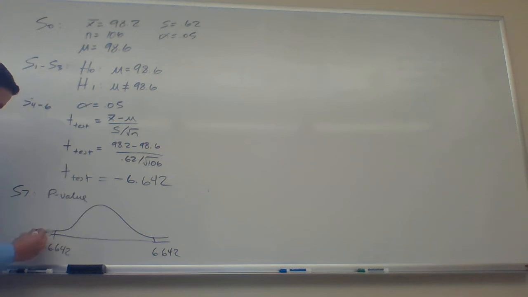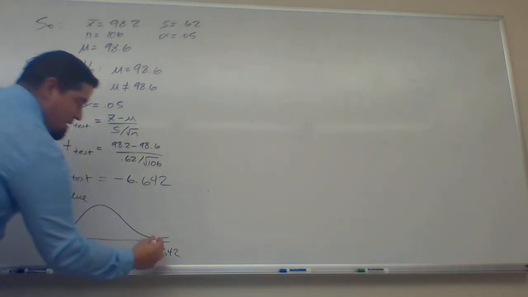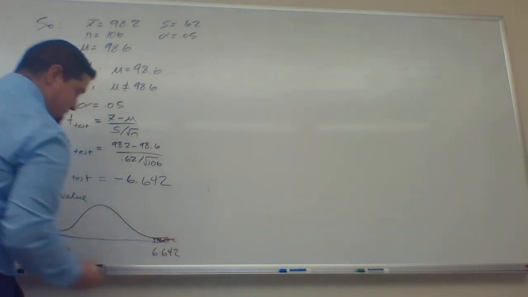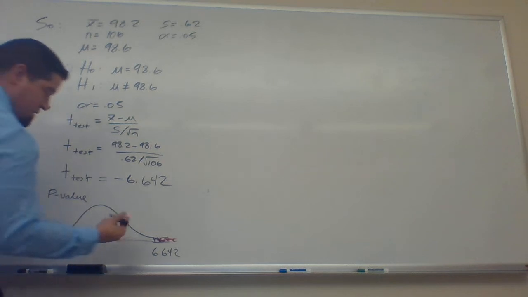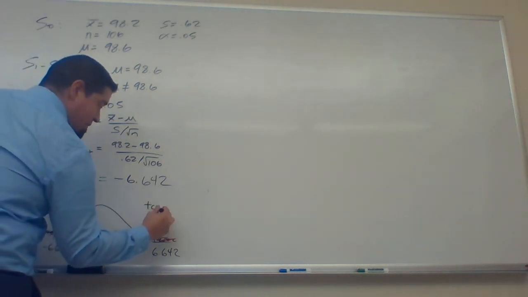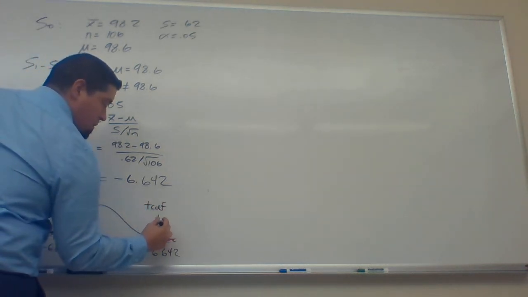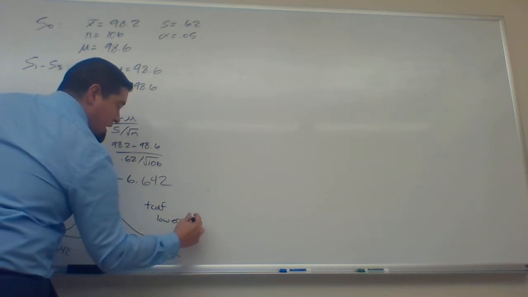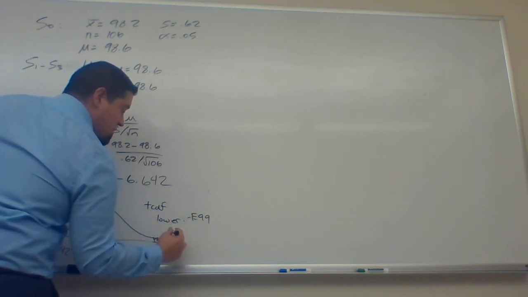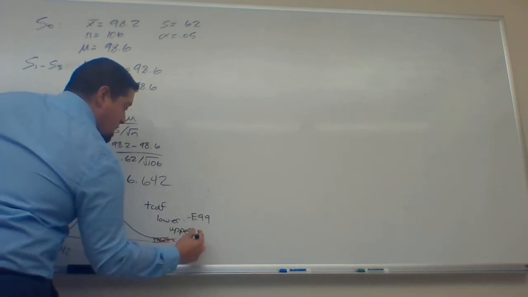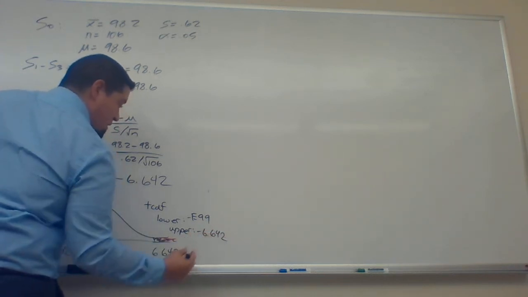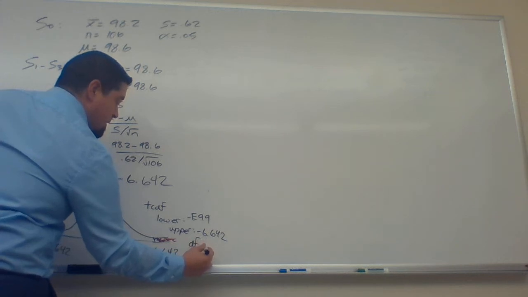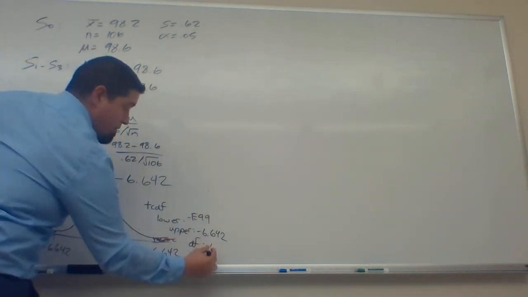So whatever you get from this side, you will have to double it, okay? So I'm going to do TCDF, lower negative infinity to upper negative 6.642, degrees of freedom 105.